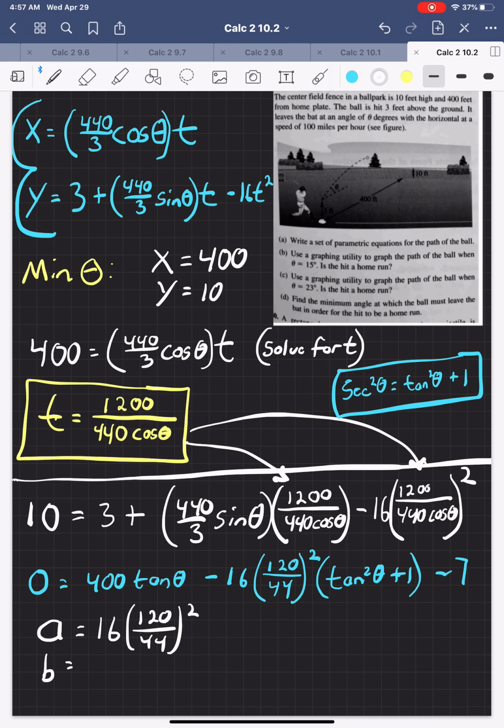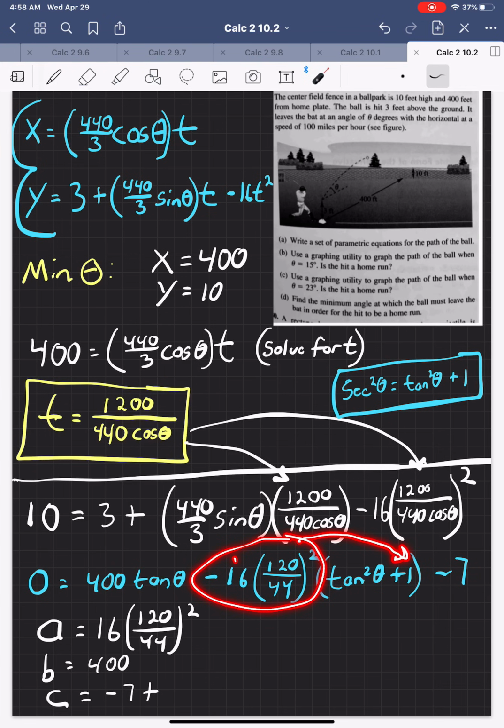Once you set it equal to 0, you would have a positive 400 here for B, and then C would be equal to negative 7 plus whatever you get when you distribute, because you'd have to distribute this to the 1. So I'll just put a placeholder there.